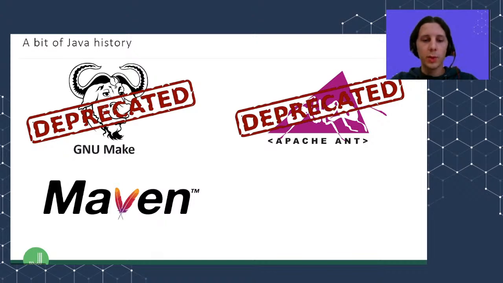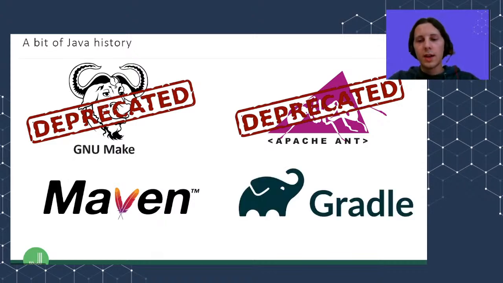Maven is currently widely used in many projects, but we have one more tool that appeared even later. It's Gradle. Gradle addresses many problems that Maven has. For one, Gradle is the first, at least the first popular, Java build tool that doesn't rely on an XML file.